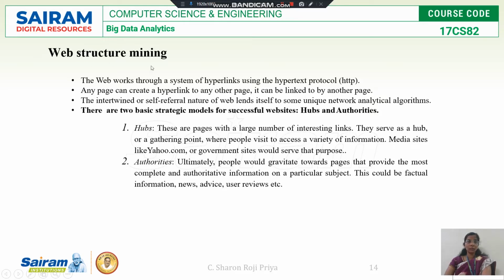So under web structure mining, we will be learning about hyperlinks. We have two basic strategic models for successful websites, that is hubs and authorities. What is a hub? A web page containing interesting links alone is known as a hub. And what are authorities? A web page that contains the actual information is known as an authority.